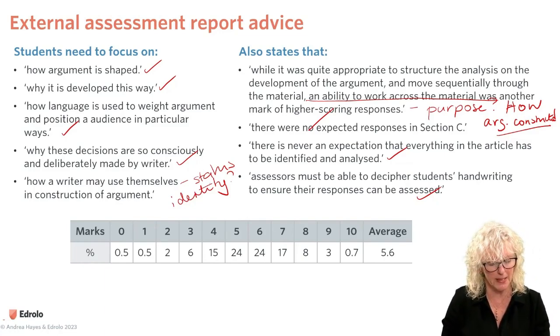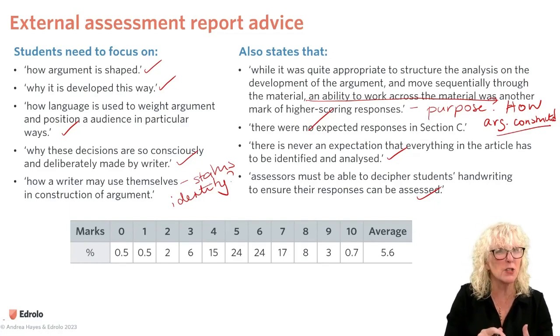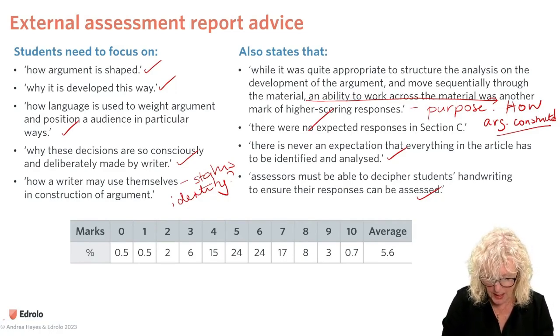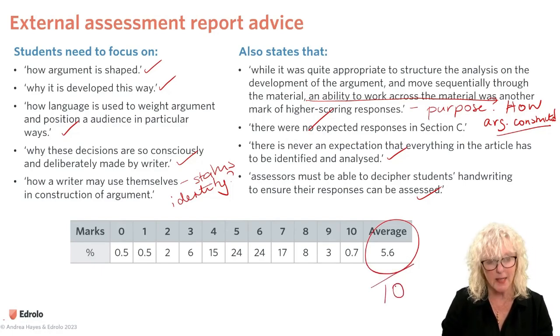It might simply mean changing your pen, leaving more space between words, maybe printing instead of cursive writing. Maybe there are certain letters you need to concentrate on, etc. Ask your teacher for advice. And the last part here on this slide tells us that the average for Section C is 5.6.